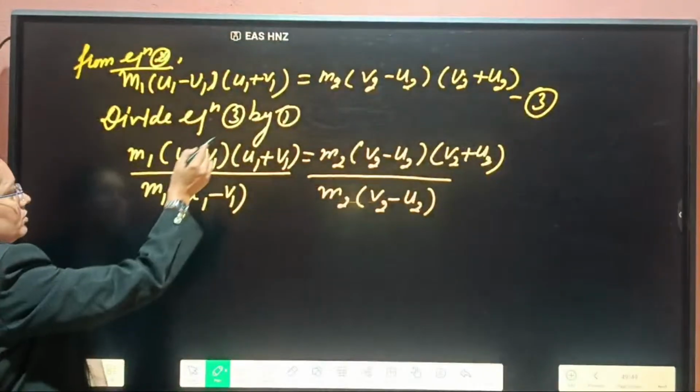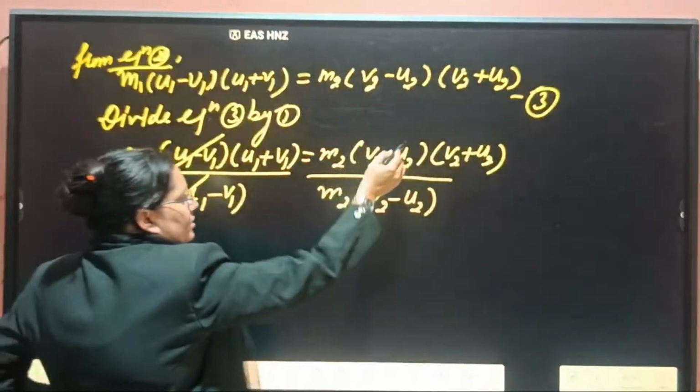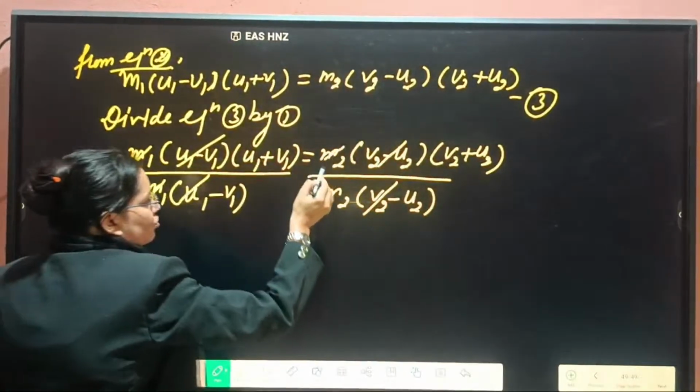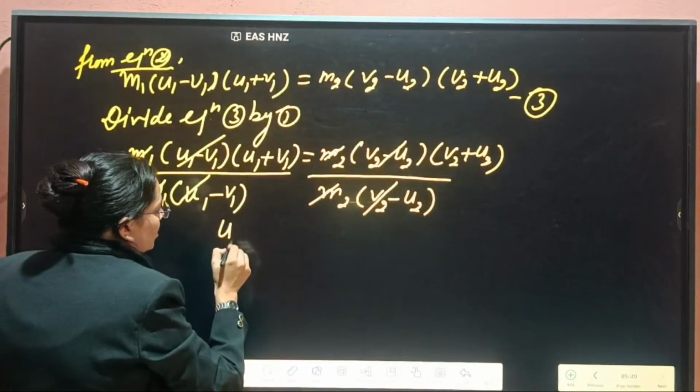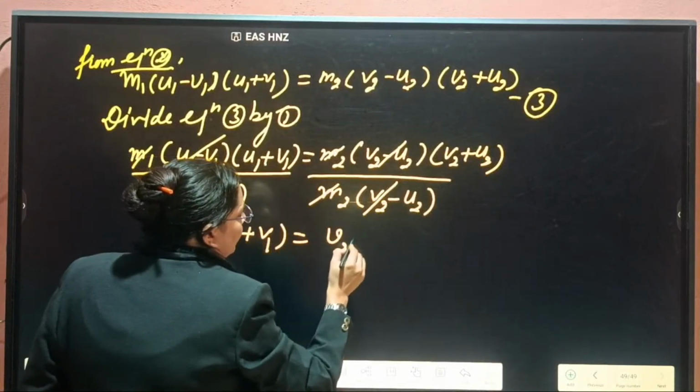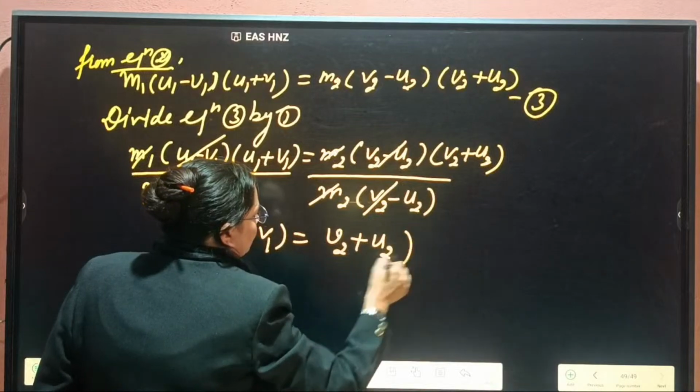Okay, now this to this cancel out, this to this cancel out. So here left m से m भी cancel हो रहा है बेटा, इसको भी cancel कर देते. So here left u1 plus v1 equal to v2 plus u2.